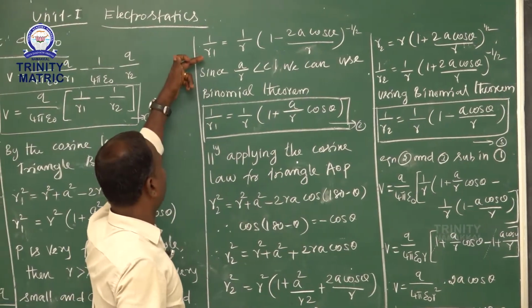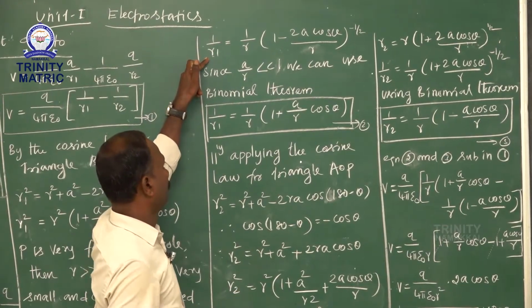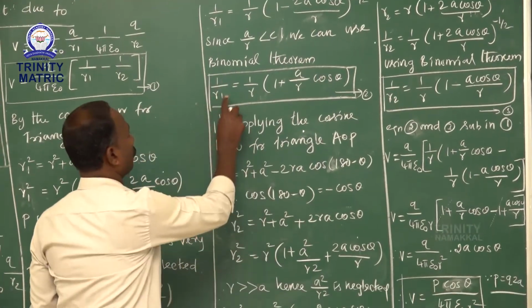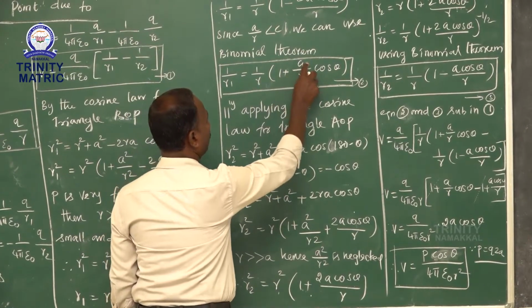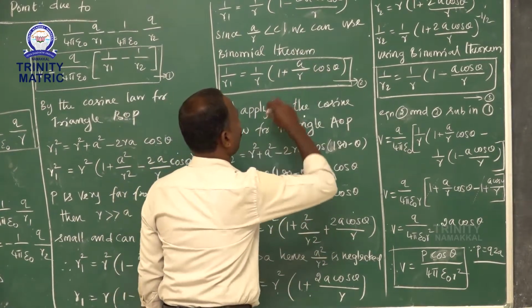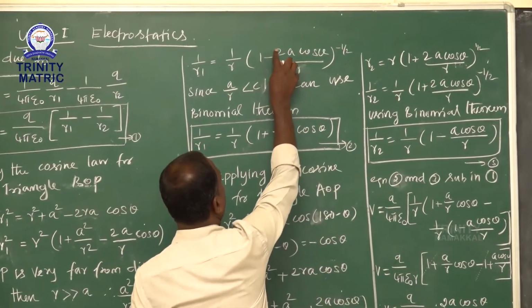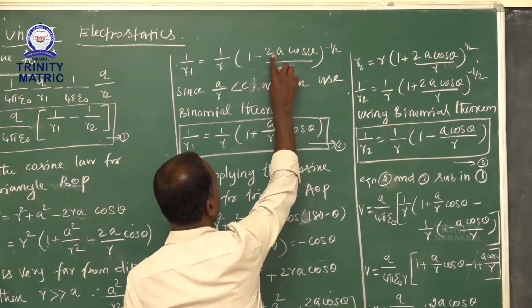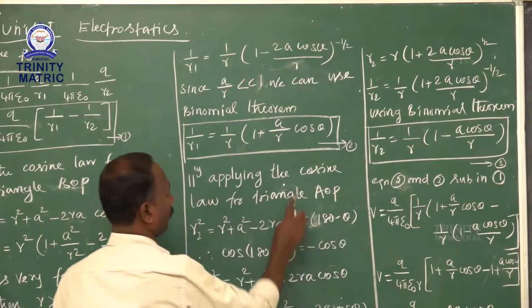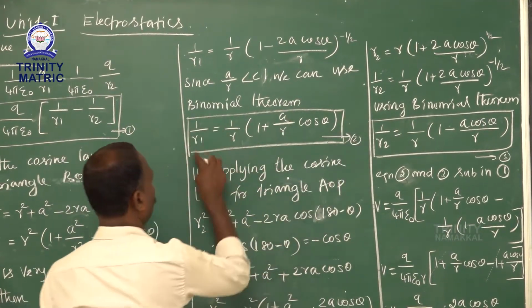Expanding and omitting the higher powers, 1 by R1 is equal to 1 by R times 1 plus a by R cos theta. Because in the binomial expansion, the power is minus 1 by 2, minus and plus, the 2 will be cancelled, so remaining a cos theta by R. That is the 1 by R1 value.